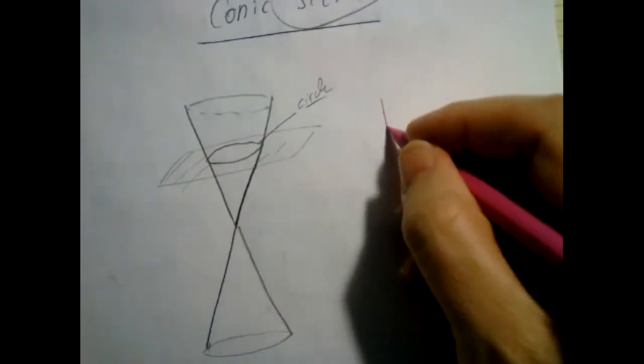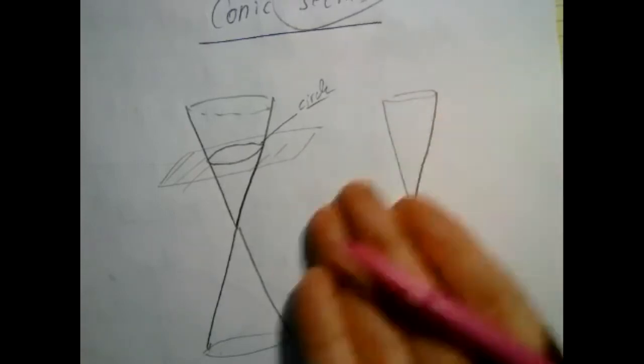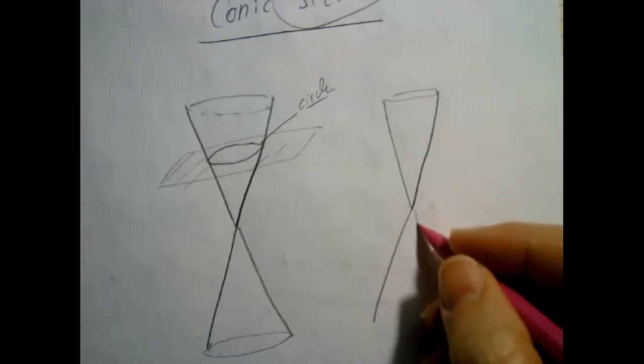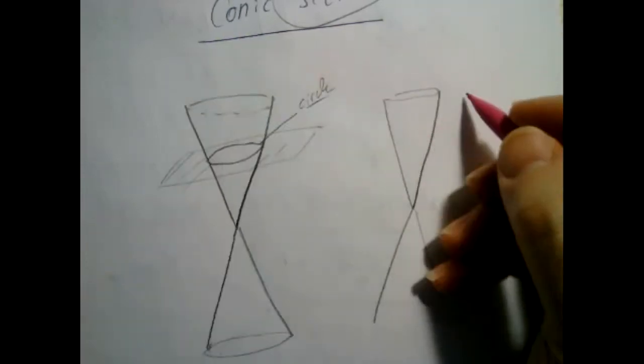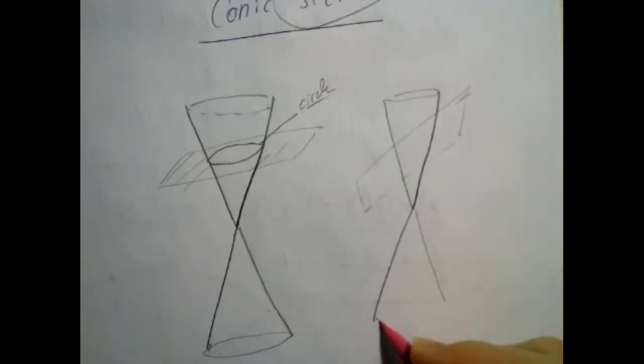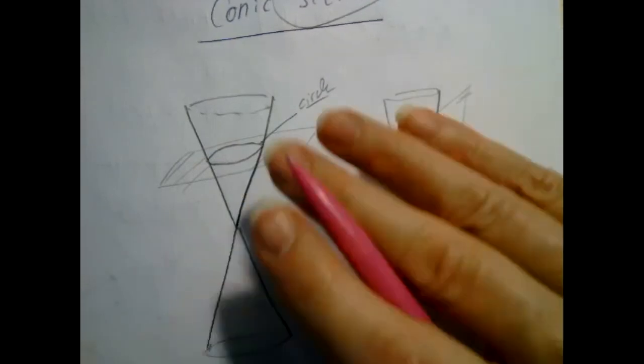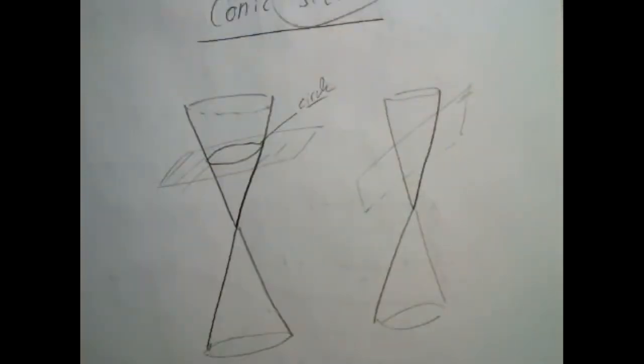Now let us say you take this cone again and you're going to cut it. You take a sheet of paper, something flat, and you cut it. But instead of cutting it horizontally, you kind of tilt this a little bit. So something like that. Instead of cutting it with a paper in a horizontal way, we're going to cut it by tilting.